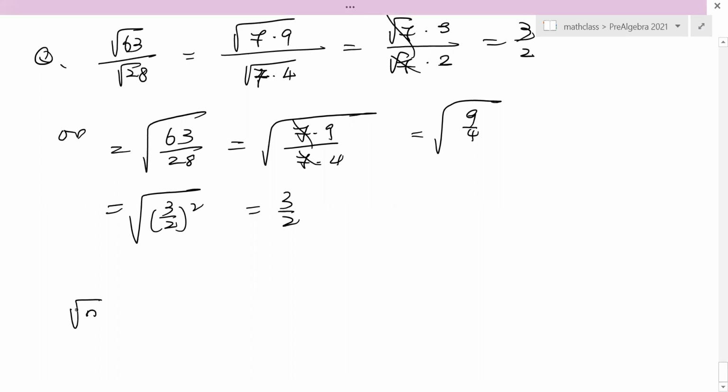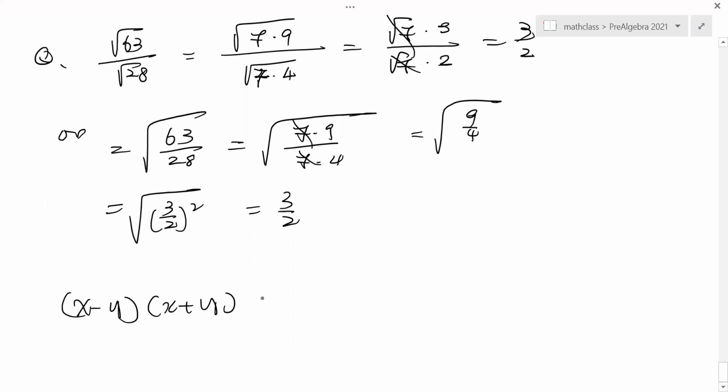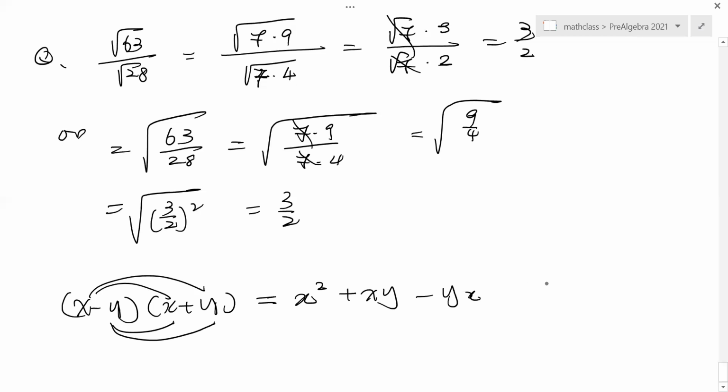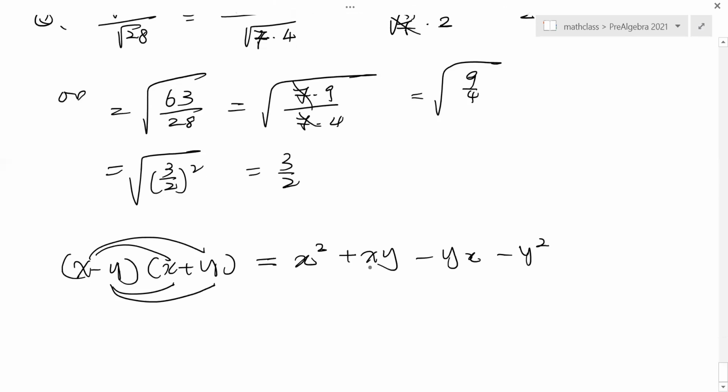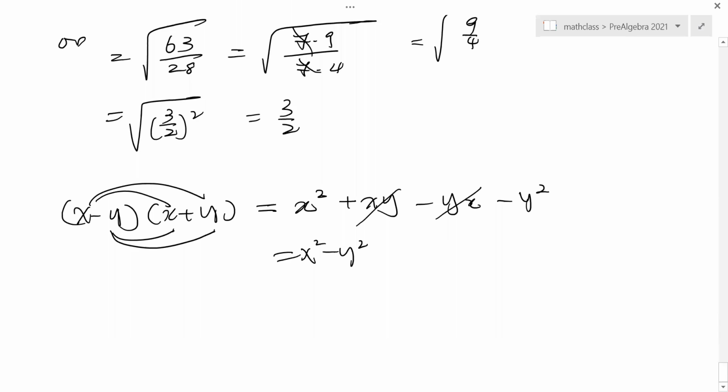We know (x minus y) times (x plus y). When you multiply this out, you get x times x, or x squared, x times y is plus xy, and y times x is minus yx, y times y is minus y squared. But xy and yx cancel out, so you get x squared minus y squared.